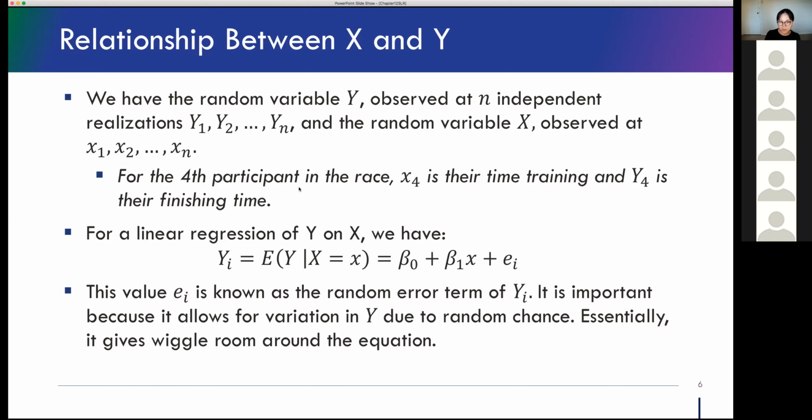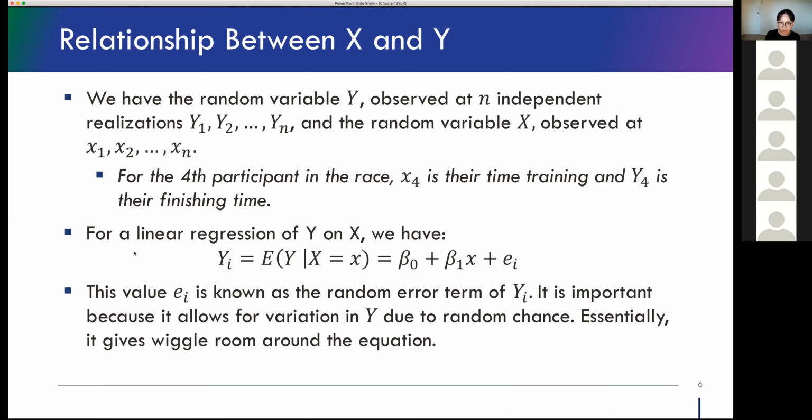For the fourth participant in the race, X4 is their training time and Y4 is their finishing time. This is to make sure that you know what Xi and Yi are: they correspond, they are one pair.